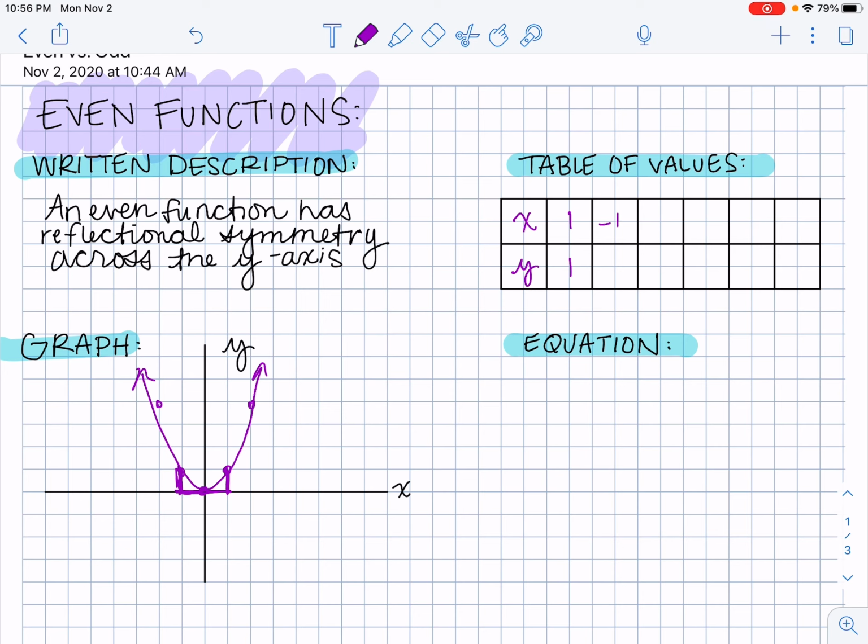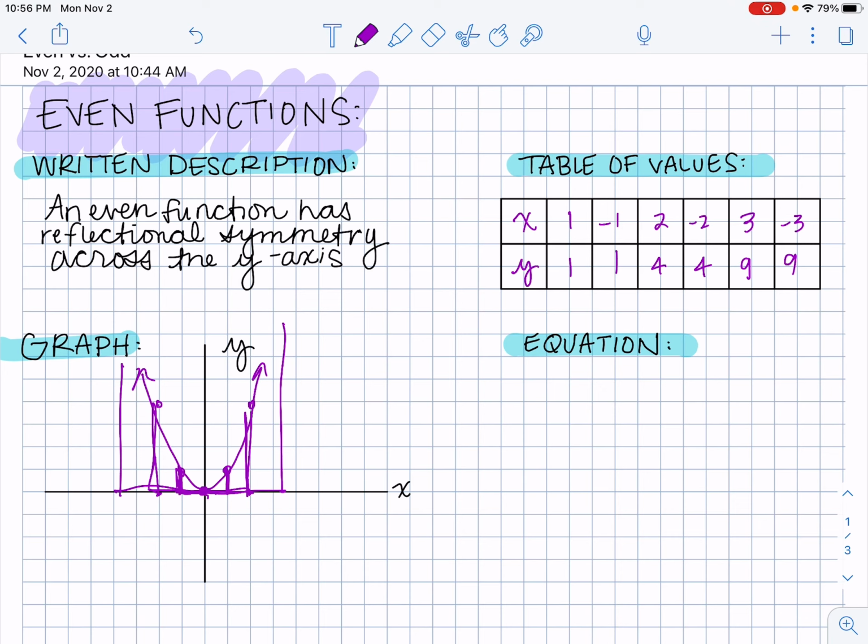So we also have negative 1, 1. We have 2, 4, and its corresponding point, negative 2, positive 4. We would also have 3, 9, and negative 3, 9 as we went up.